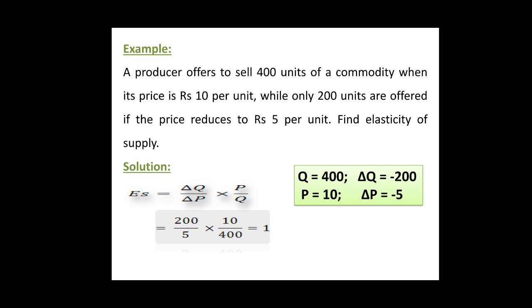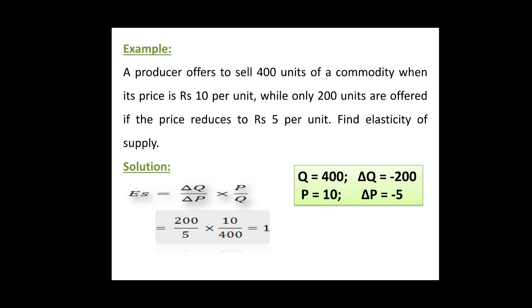Now dear students, here in this slide is given an example of how to calculate elasticity of supply by using the percentage or proportionate method. Let us suppose that a producer offers to sell 400 units of a commodity when its price is rupees 10 per unit, while only 200 units are offered if the price reduces to rupees 5 per unit.